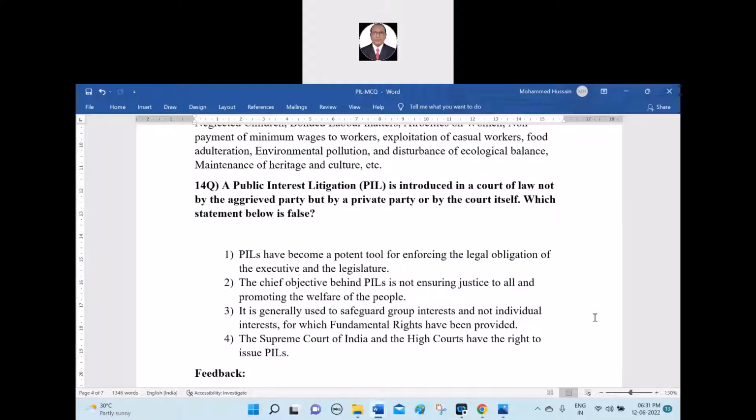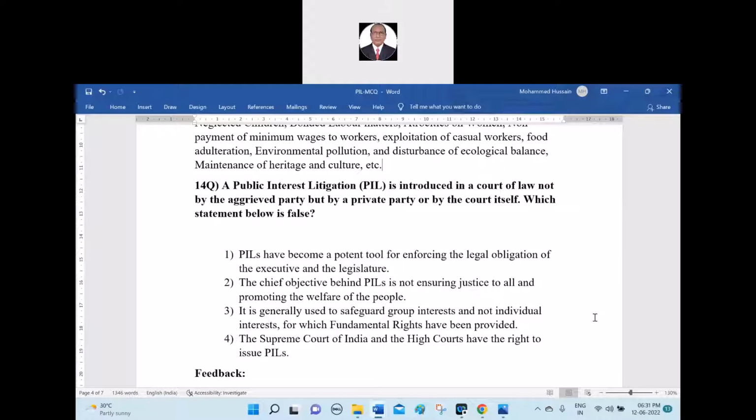Number two, the chief objective behind the PIL is not ensuring justice to all and promoting the welfare of the people. Number three, it is generally used to safeguard group interest and not individuals' interest for which fundamental rights have been provided. Fourth, the Supreme Court of India and the High Court have the right to issue PILs.